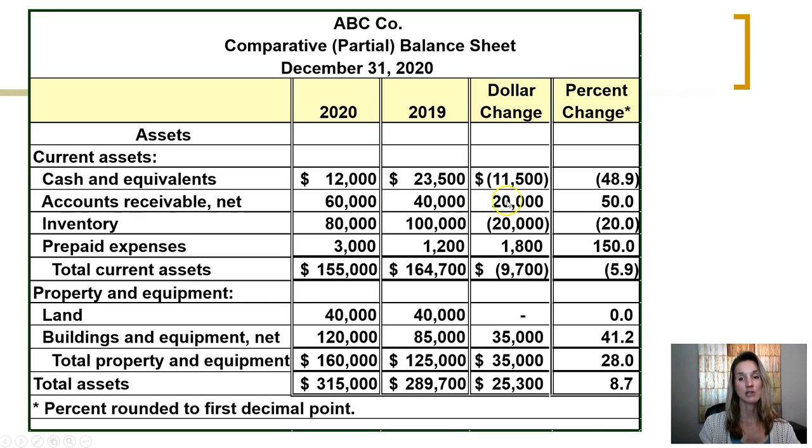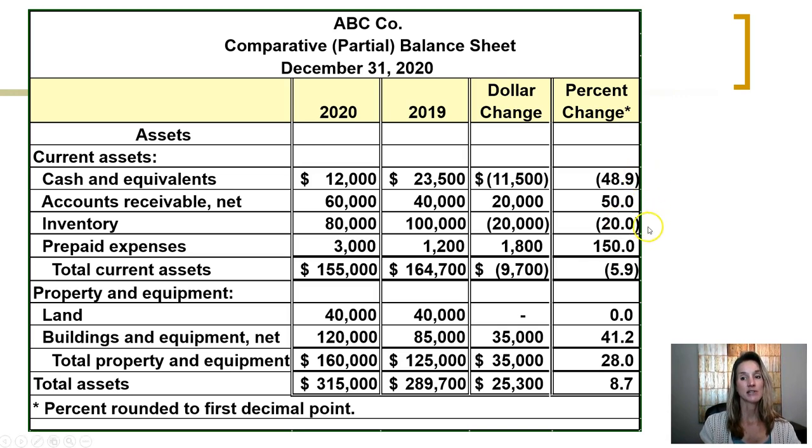The percent change will be the change of $20,000 divided by the base year, $40,000, a percent change of 50%. Inventory, the dollar change was a decrease of $20,000 divided by the base year, $100,000. $20,000 divided by $100,000, we have a 20% decrease.